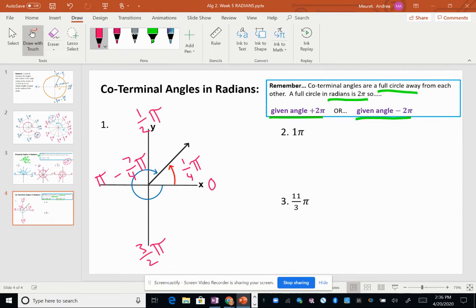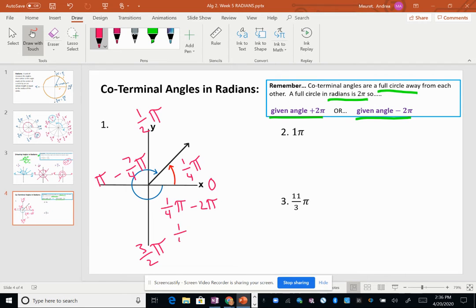So using our rule to add or subtract 2 pi, if I have 1/4 pi, the first angle that I showed you, and subtract 2 pi, well, when I'm subtracting a fraction and a whole number, I want to change that whole number into a fraction.